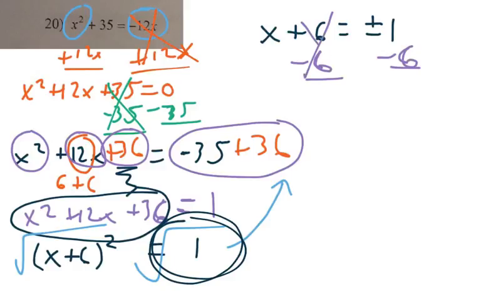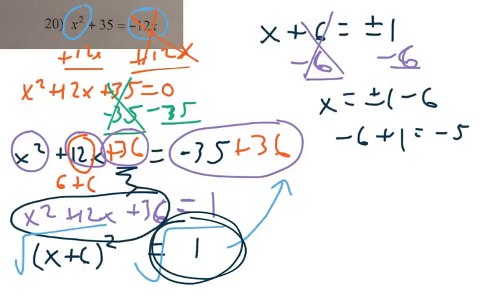That's a minus 6 there. And with 6 minus 6 equal to 0, I now know that x is plus or minus 1 with a minus 6. So let's do minus 6 plus 1, which is negative 5, and minus 6 minus 1, which is negative 7.